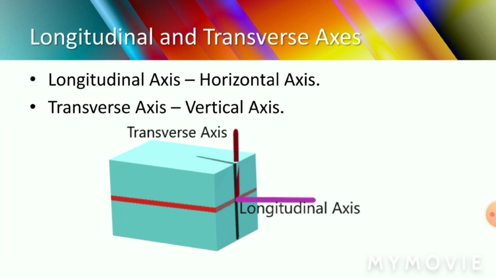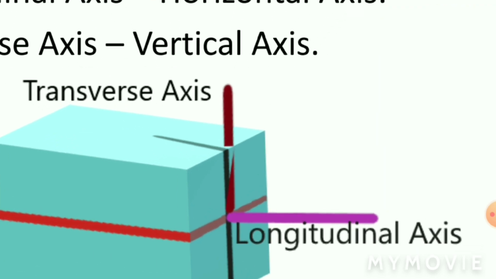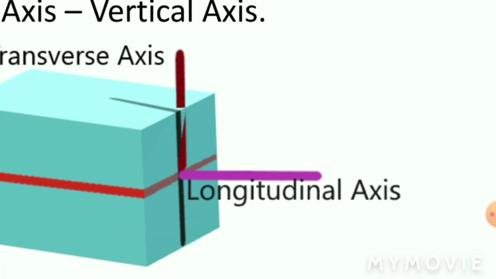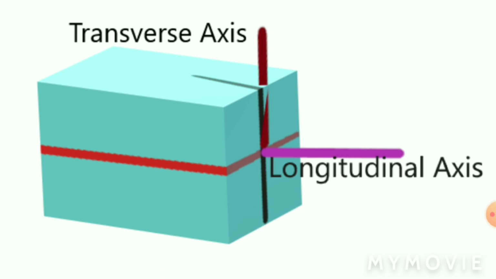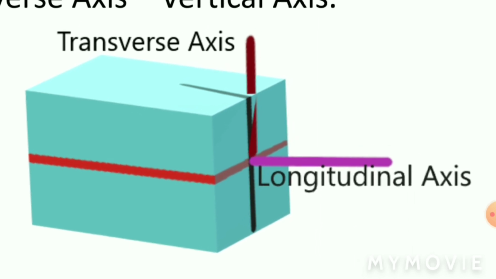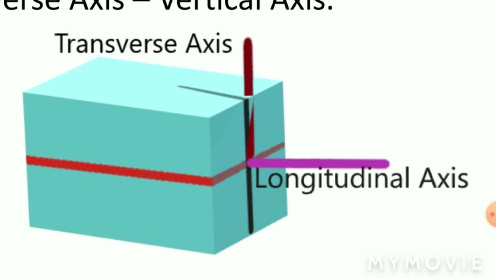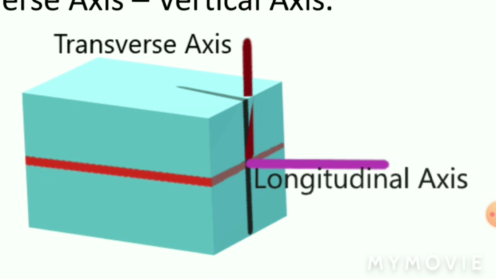Here you can see a pink line extruded from the center in the horizontal direction. That is said to be the longitudinal axis, and the vertical line is said to be the transverse axis.